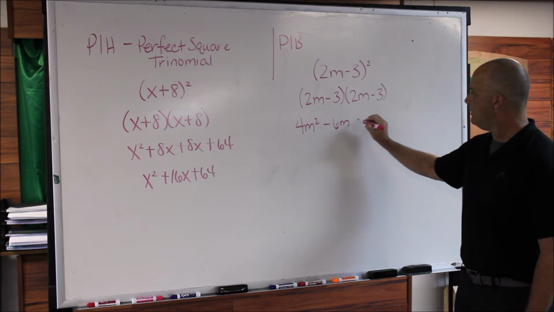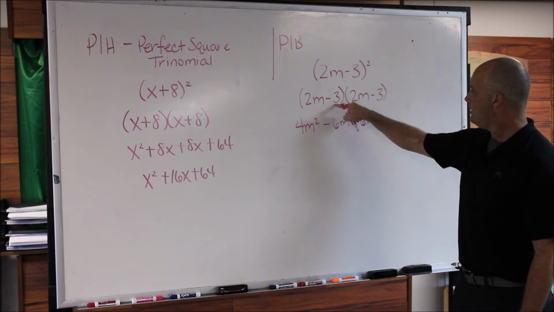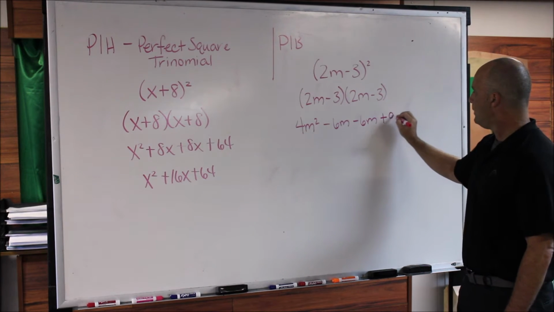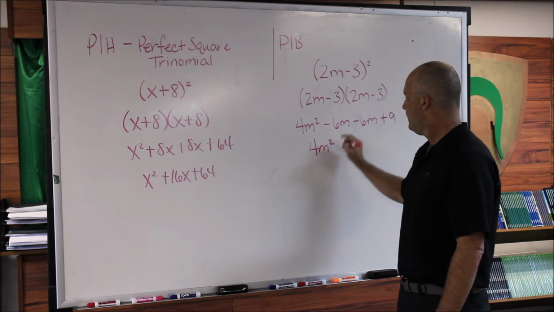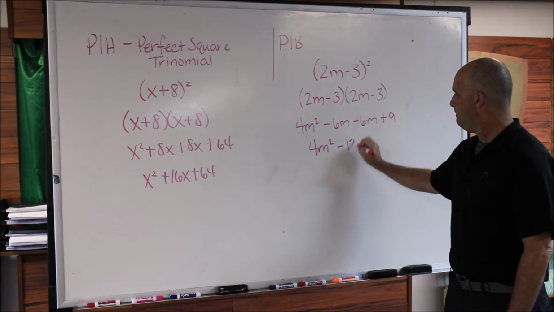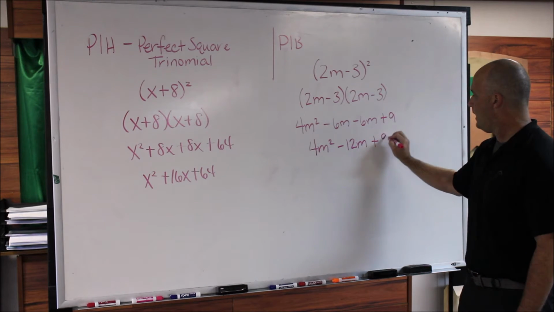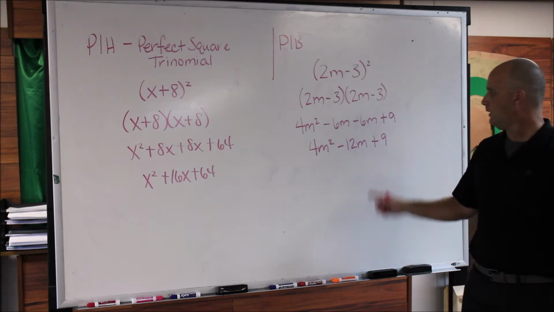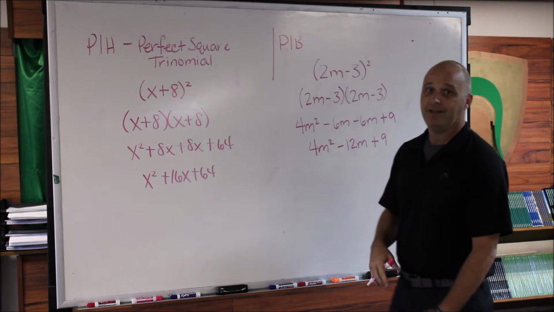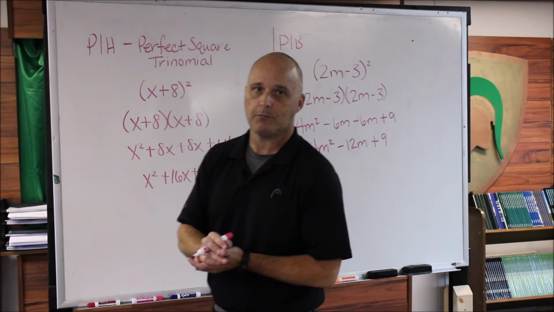Negative 3 times 2m is negative 6m. And then negative 3 times negative 3 is positive 9. So then we're going to get 4m squared minus 12m plus 9. And you can see 4 is a perfect square, m squared is a perfect square, and 9 is a perfect square. And that's how you work out the perfect square trinomial.